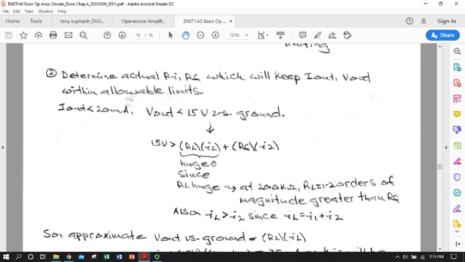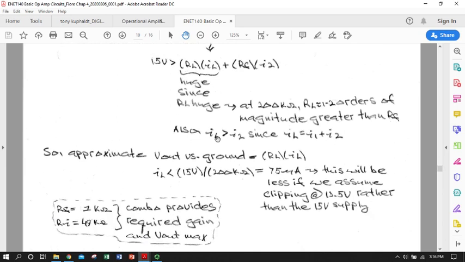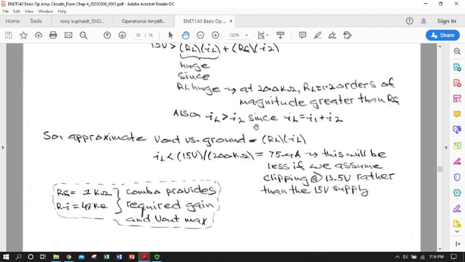So we can just say, as a first estimate at least, that our I load, our I out, times our load resistor is going to have to be below the real rail supply, which I have as 15 here. You could say it's 13.5. Going down through here, sorry, losing this a little bit.